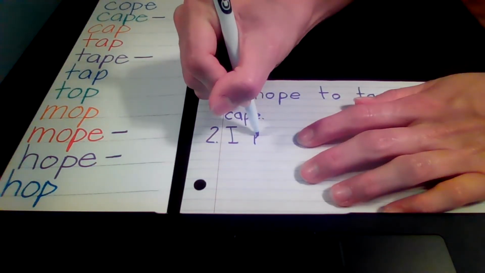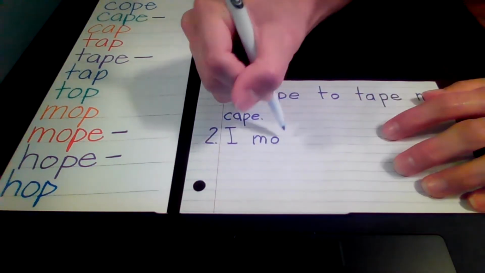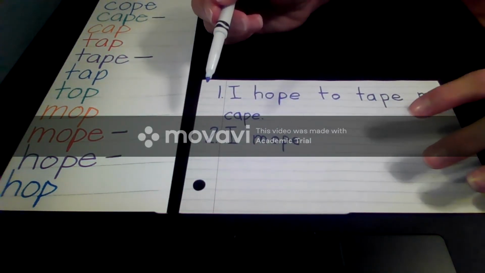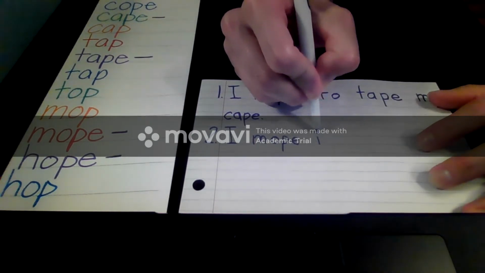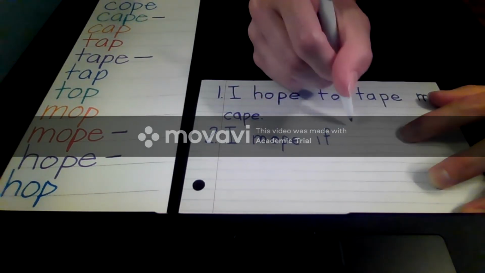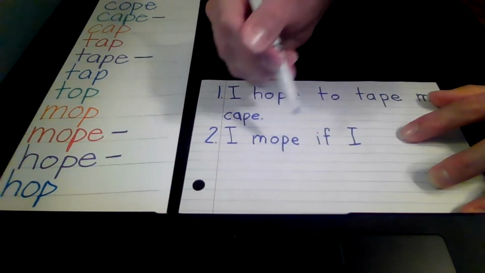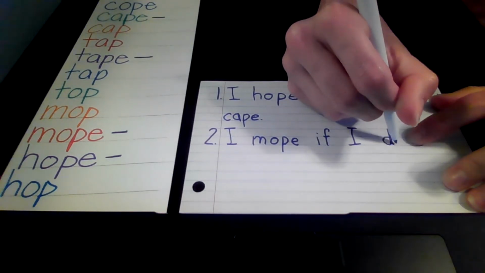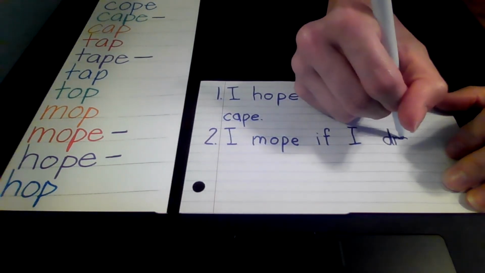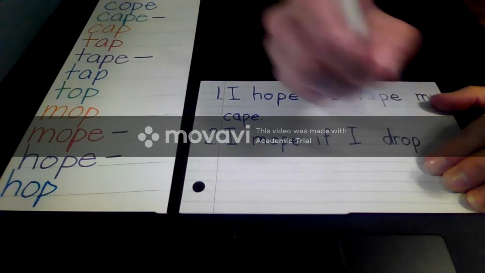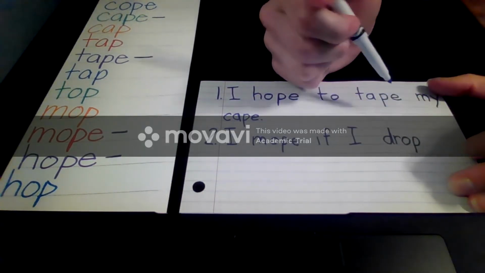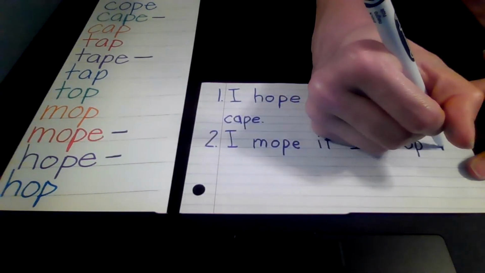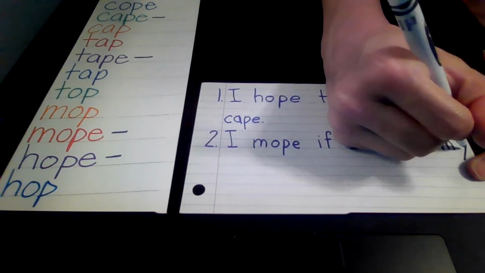Finger space, M, O, P, E. I mope if I, finger space, if, finger space, I mope if I drop, O, P. I mope if I drop my, and man, again, we have that little space in there that we can just barely fit the word my in.